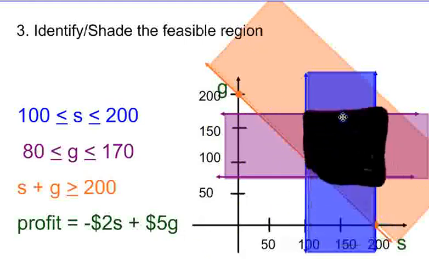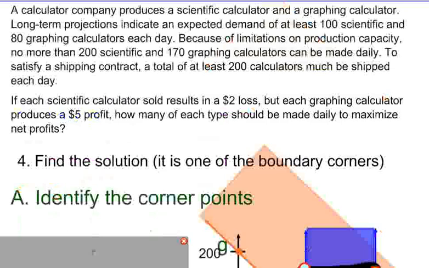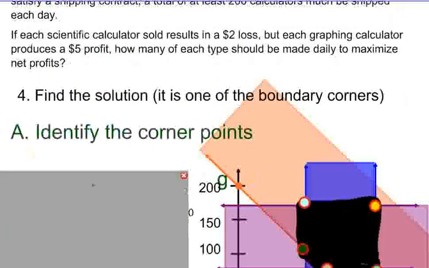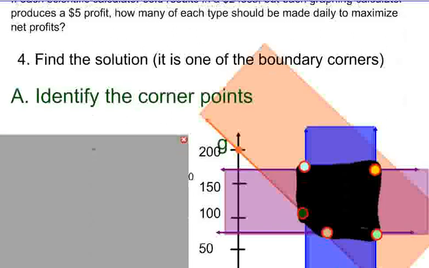And that area looks like this shape right here. And this is the feasible region. After we have the feasible region, the very next step is to find the solution by looking at the corner points. So identify the corner points and then find the solution.